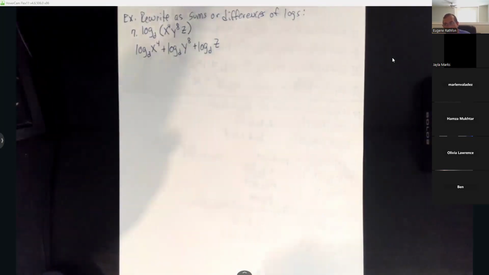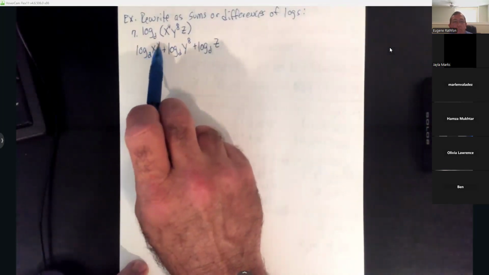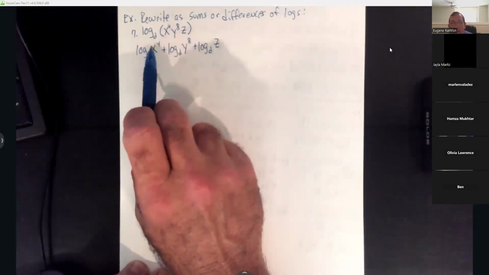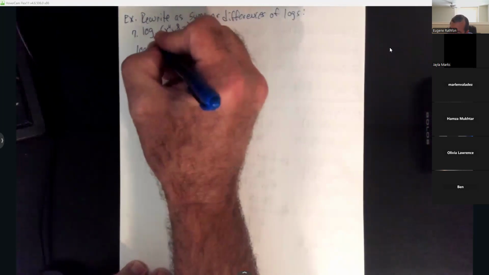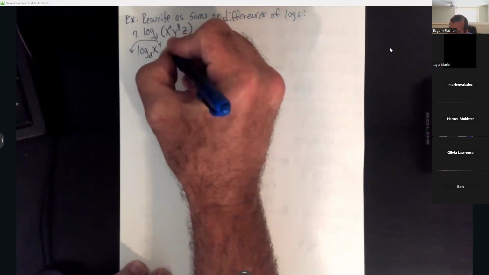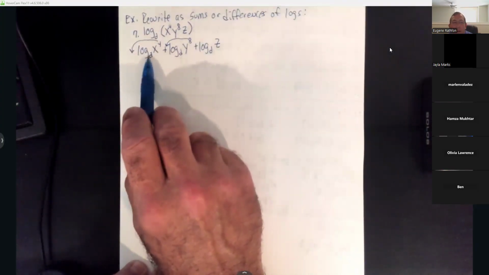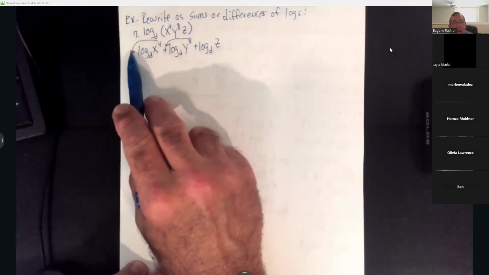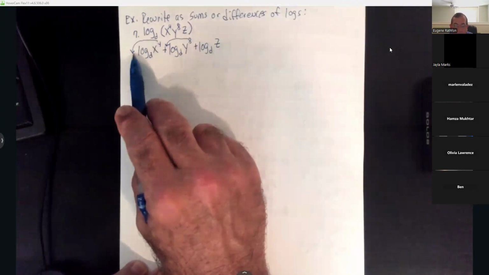Now, there is one more thing I got to do to this problem, and it involves that power rule because I got logs with exponents. So these 2 logs that have exponents, we're going to have to bring these exponents down to the front, and rewrite this as a product. So this is using the power rule. So anytime you got exponents, we got to bring them down.